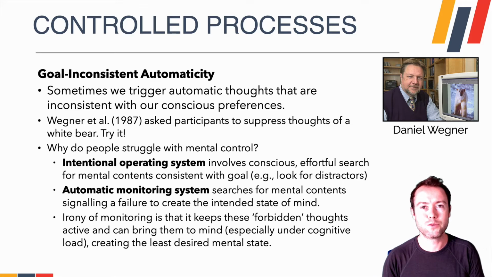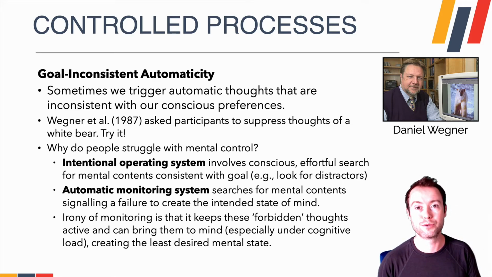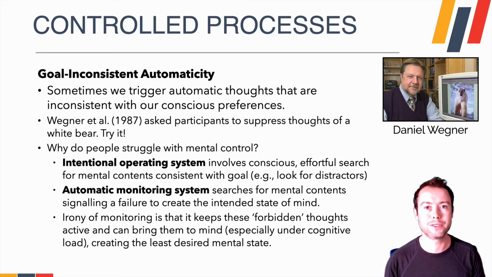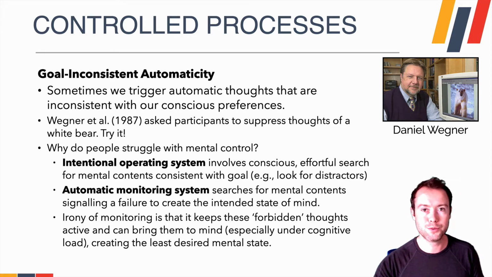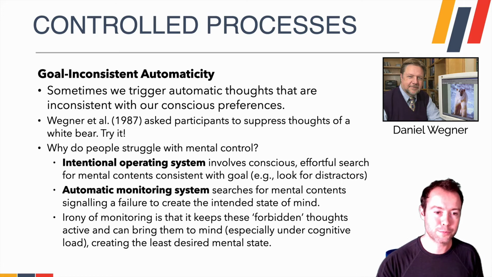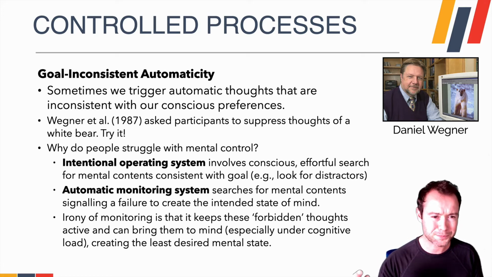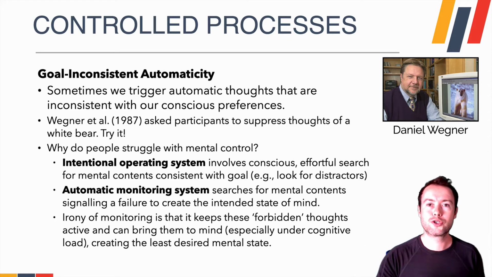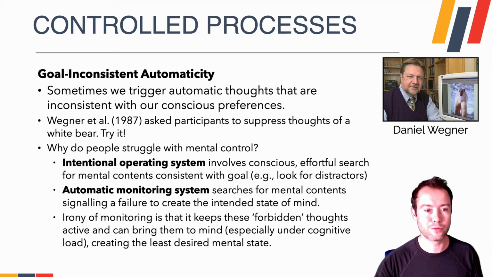In trying to explain why we find it so difficult with thought suppression, Daniel Wegner put forward this ironic process theory, which essentially argued that we have two operating systems, one that acts consciously and effortfully, and one that's relatively automatic. He argues that we have a conscious and effortful operating process that will try to maintain the ideal or appropriate state of mind, in this case not activating thoughts of the white bear.